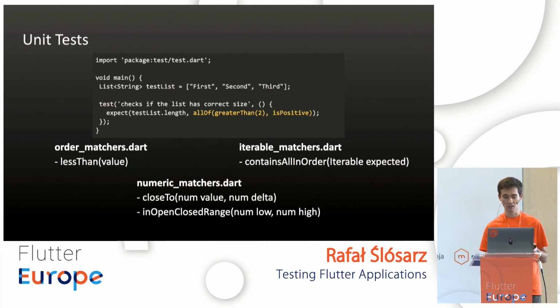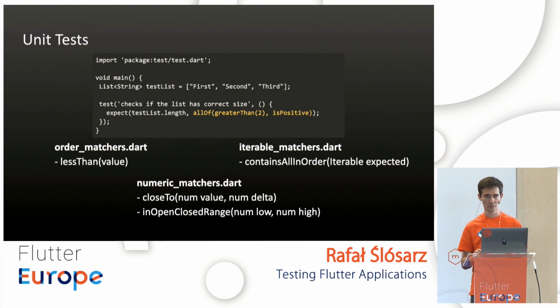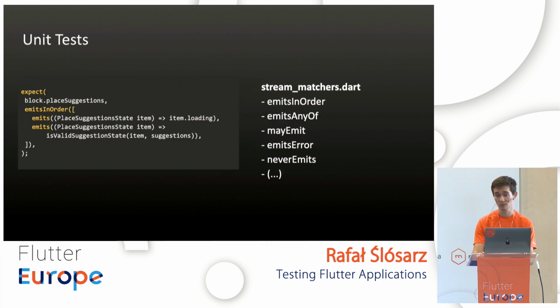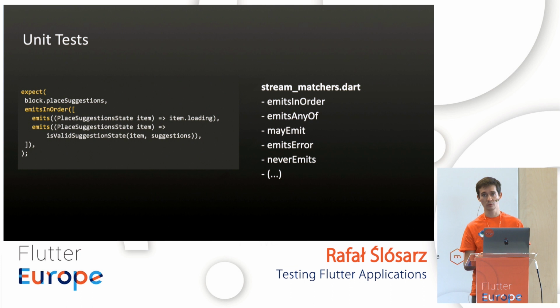And those matchers are not only for simply comparing scalars or something like this, but also, thanks to the fact that Dart supports streams natively, we get a really nice set of stream matchers as well, which allows us to check if some elements appeared in the stream in the correct order, or never happened, and so on. And this is pretty fun, as honestly you would probably never have to write any matcher working on very primitive types.